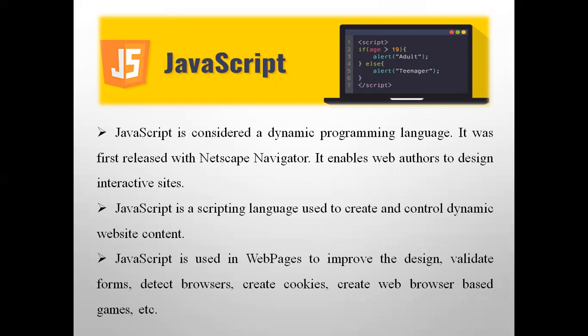JavaScript is a scripting language, as I said earlier. It was developed by Netscape to enable all the web authors to design interactive websites. JavaScript is a scripting language used to create and control dynamic website content.